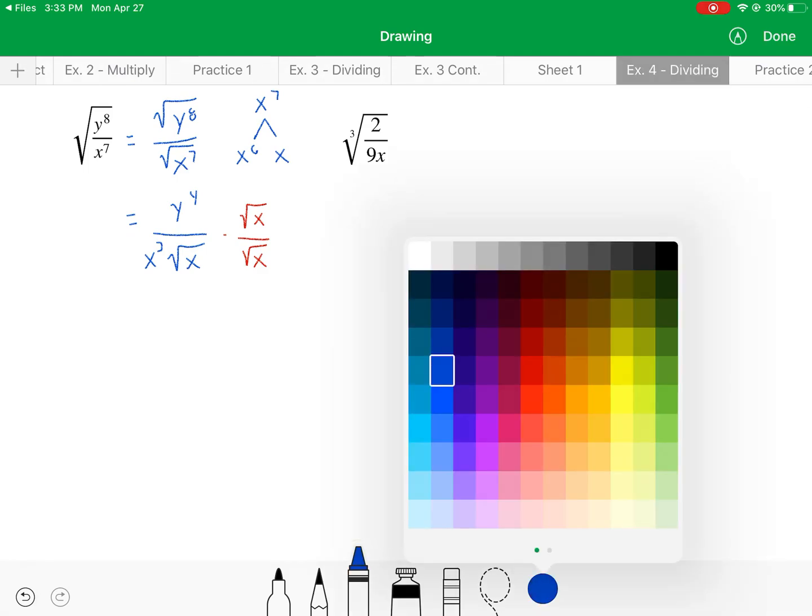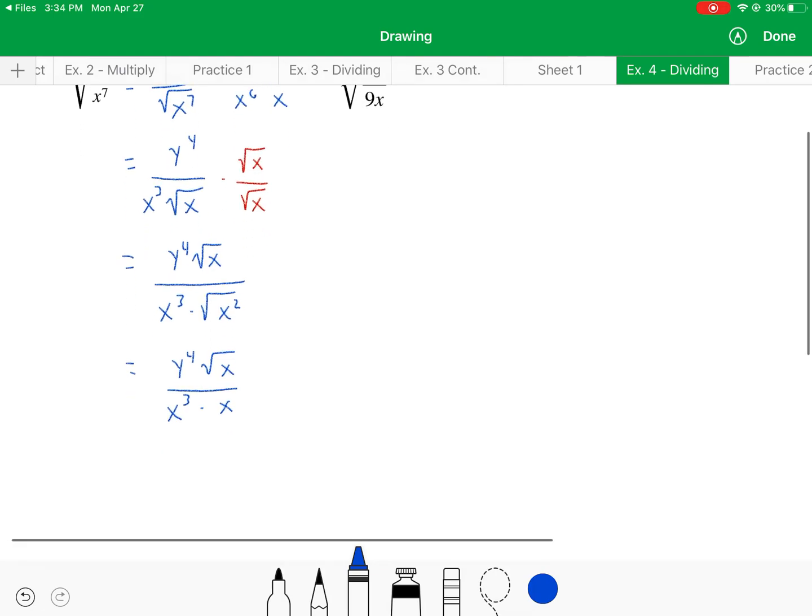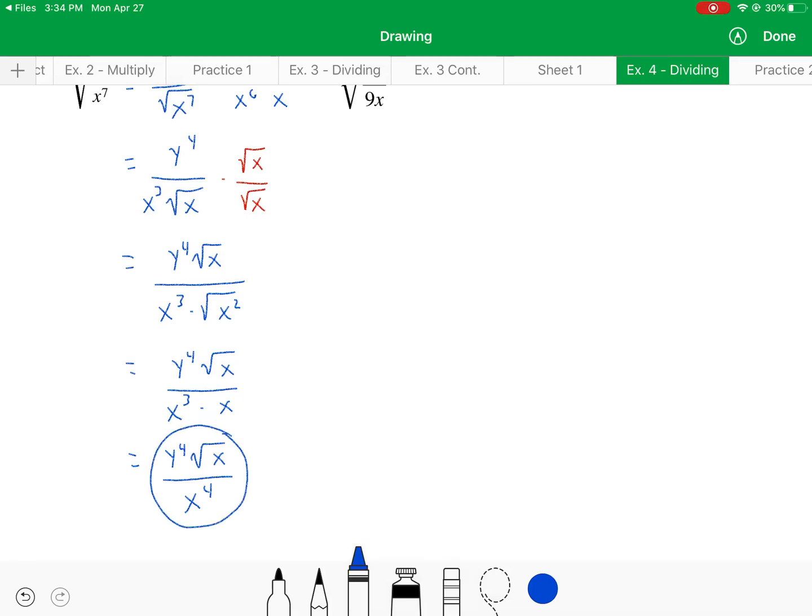Okay, so that's going to give me y to the 4th square root of x in the numerator over x cubed times the square root of x squared in the denominator. And I have y to the 4th square root of x over x cubed times x. That's going to give me y to the 4th square root of x over x to the 4th. And we are now simplified.